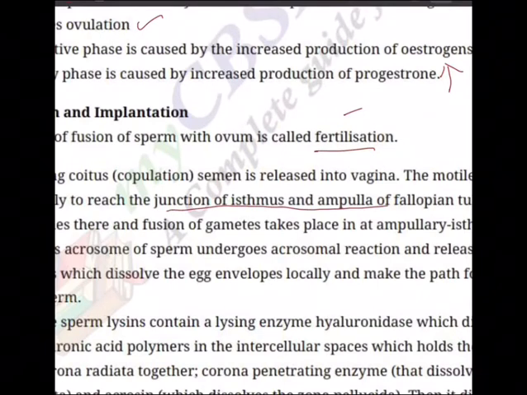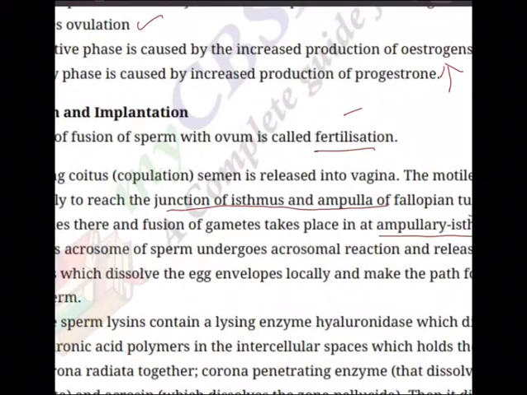So ampullary isthmus junction, you can remember AIJ. So let me write AIJ, ampullary isthmus junction. That is where the fertilization takes place, of the fallopian tube. The ovum also reaches there, and fusion of gametes takes place. Again, this is a neat exam question.